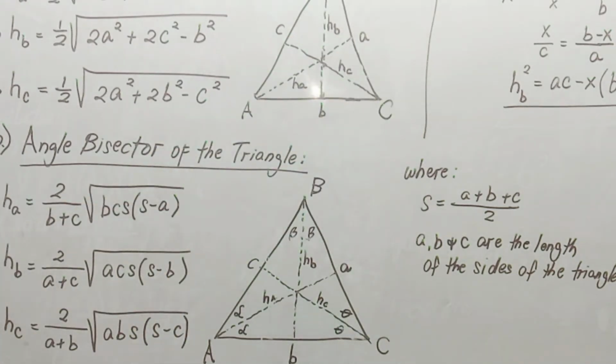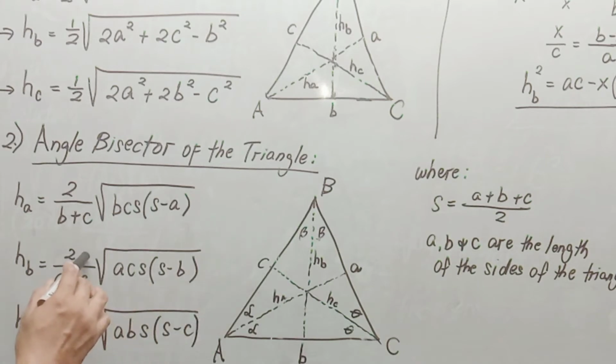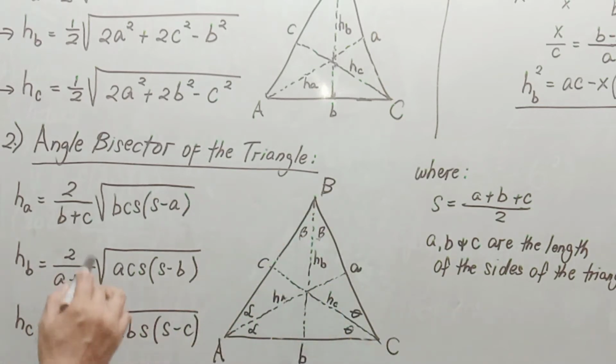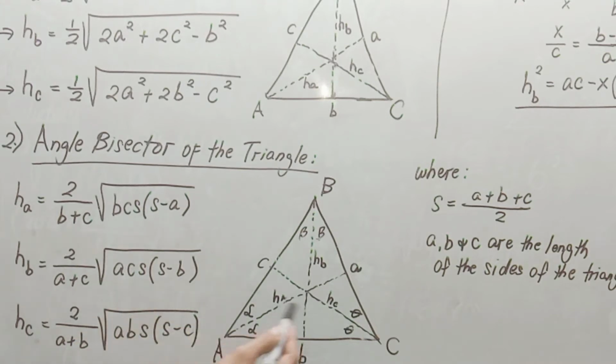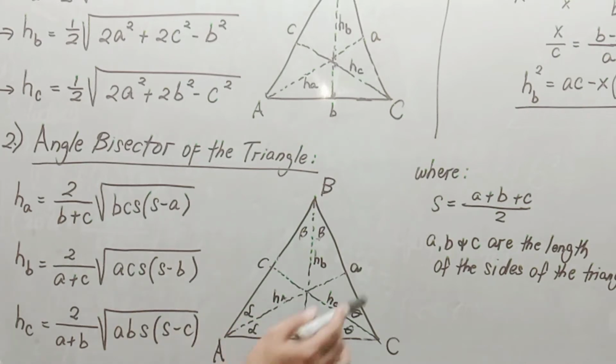So next is h sub b, the vertical one. h sub b is equal to 2 over a plus c, these sides, times the square root of a times c times s, the semi-perimeter, times the difference s minus the b side.